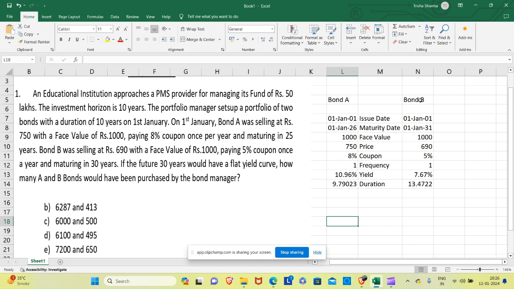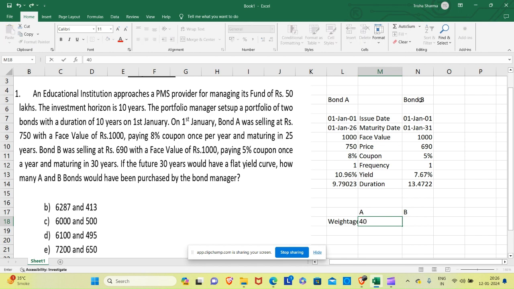So how do we find out the portfolio duration? We will write bond A and bond B. Let me put it here rather than putting it there. I will put this value here, delete it, and put A and B. So two bonds are there. Now I will take a random weightage initially, any weightage, which we will be setting later on.